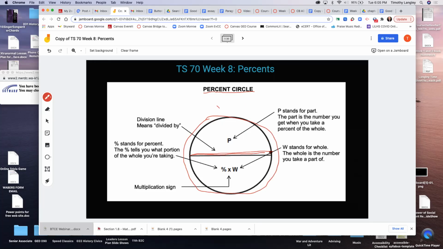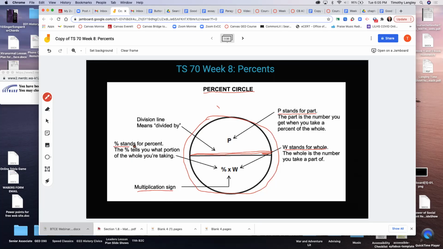So you got P, which stands for the part. P stands for part, so copy that part down. W stands for a whole. Okay. Of course, you got the multiplication sign. You know what that is? It's times.